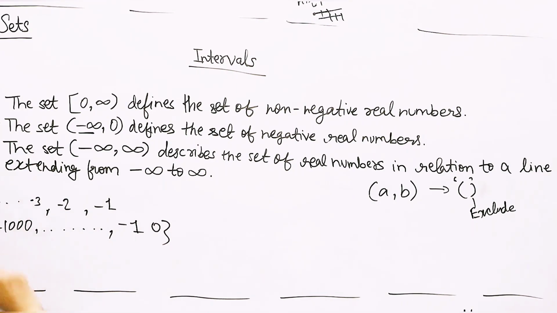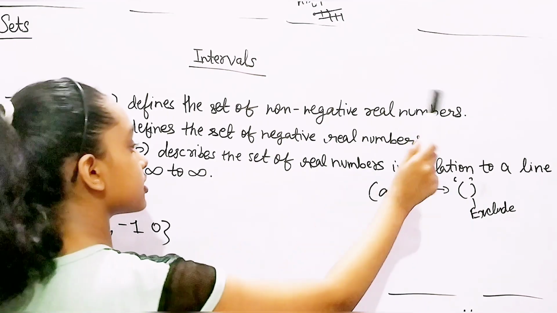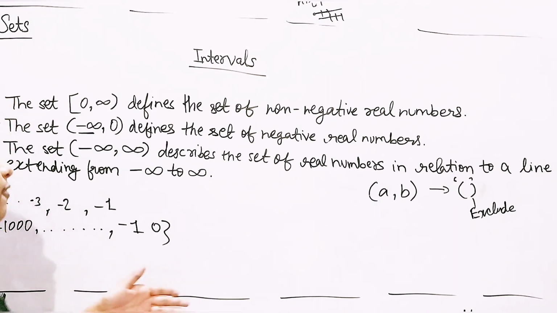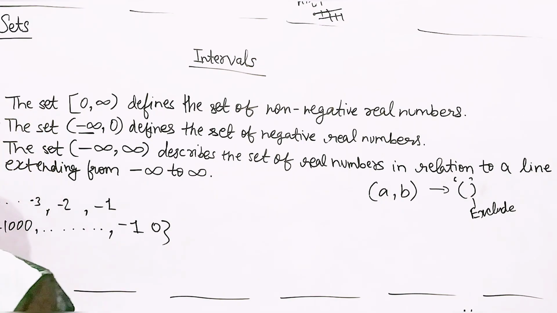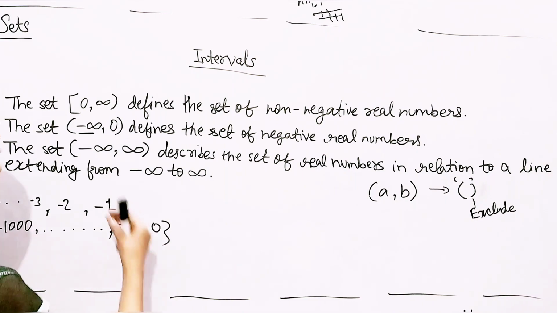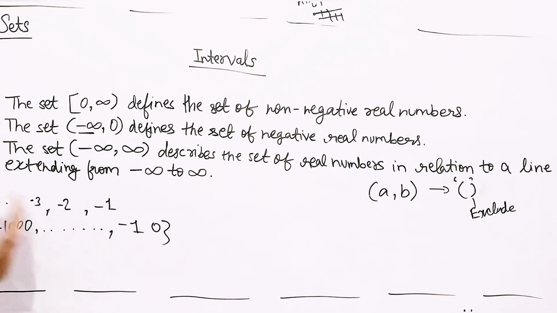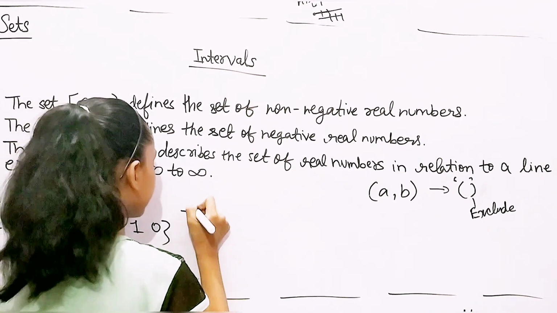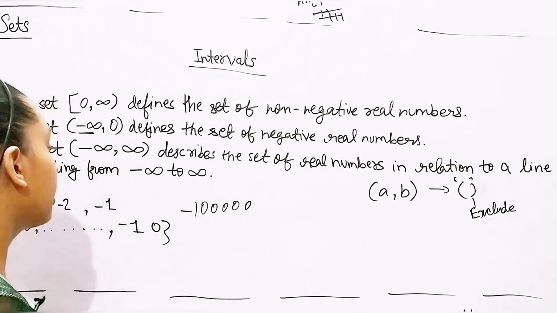The third point we have is the set negative infinity to positive infinity, which describes the set of real numbers in relation to a line extending from negative infinity to positive infinity. What does that mean? It's real simple. We have an open interval again, and the numbers start from negative and go on, so it's really long.